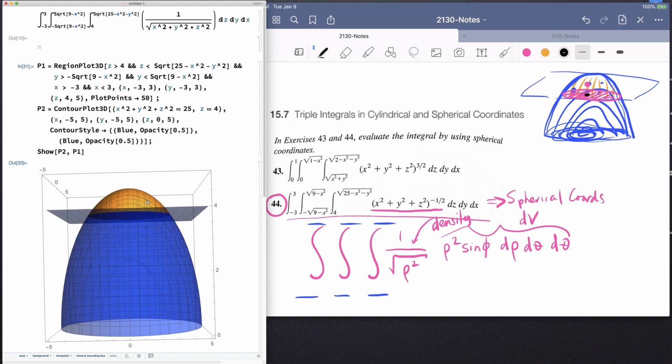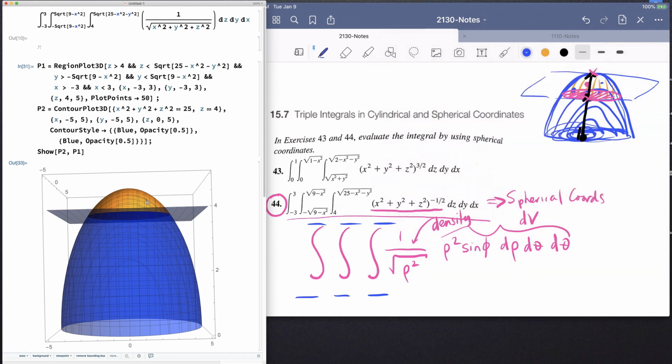What we don't know is the radii; these spheres are centered at 0, 0. Here are the spheres coming out. And so we need to figure out what rho is. Rho goes from the bottom part of the plane to the top part of the sphere. So what we need to do is describe the bottom and the top region.